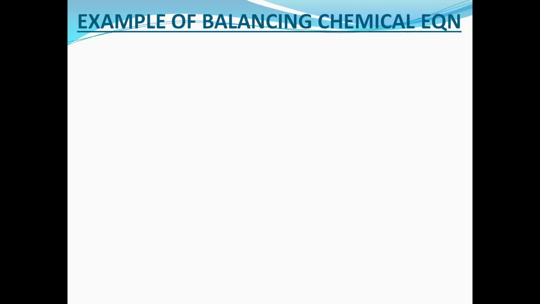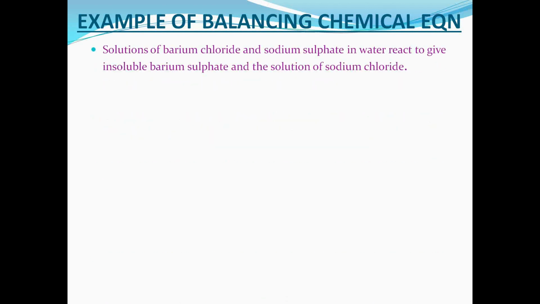Now let us consider the balancing of chemical equation using an example. Solutions of barium chloride and sodium sulfate in water react to give insoluble barium sulfate and the solution of sodium chloride. Now in this statement, we have been given solution of barium chloride and sodium sulfate in water.